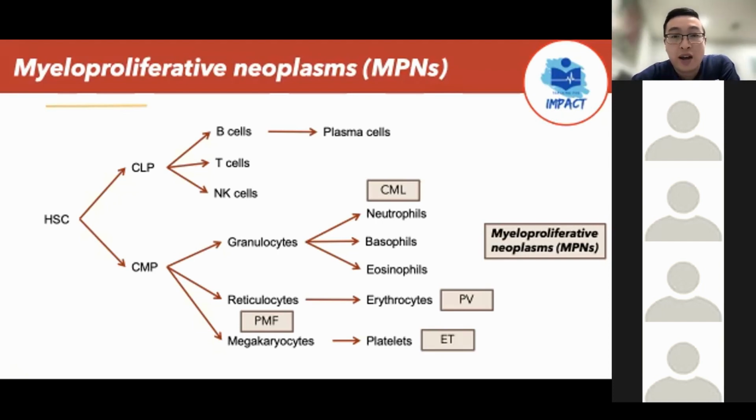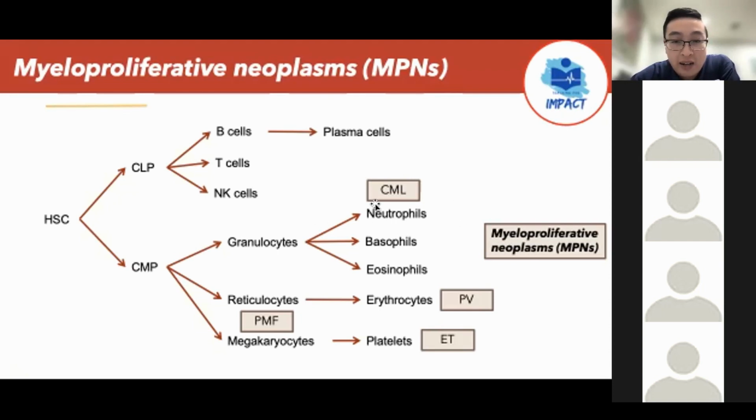In the same way, if you have a cancer arising from terminally differentiated lymphoid cells, technically you can call them lymphoproliferative disorders. So things like CLL, for instance, is technically classified as a lymphoproliferative disorder because it arises from terminally differentiated lymphoid cells. Anyway, focusing on myeloproliferative neoplasms or disorders.